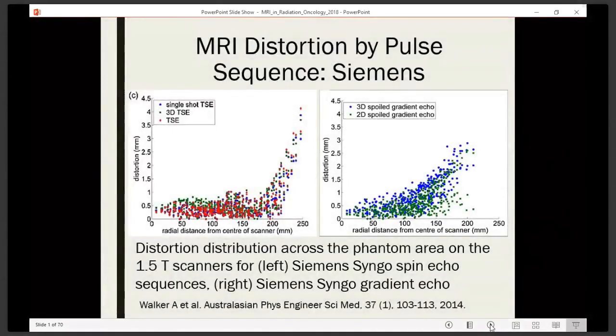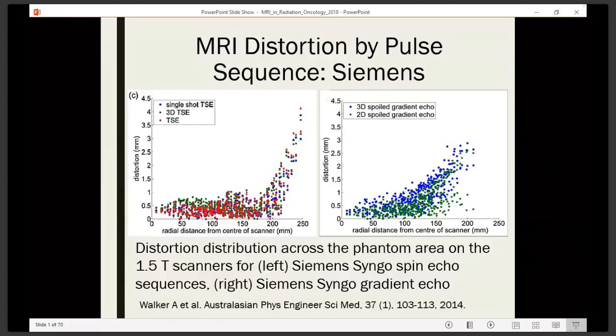This picture shows how the MRI distortion can vary by pulse sequence. On the left, we have our turbo spin echo, a fast spin echo sequence. There's a single shot and a 3D and a regular turbo spin echo. These are both done on a Siemens 1.5T scanner. On the right, you see the gradient echoes.